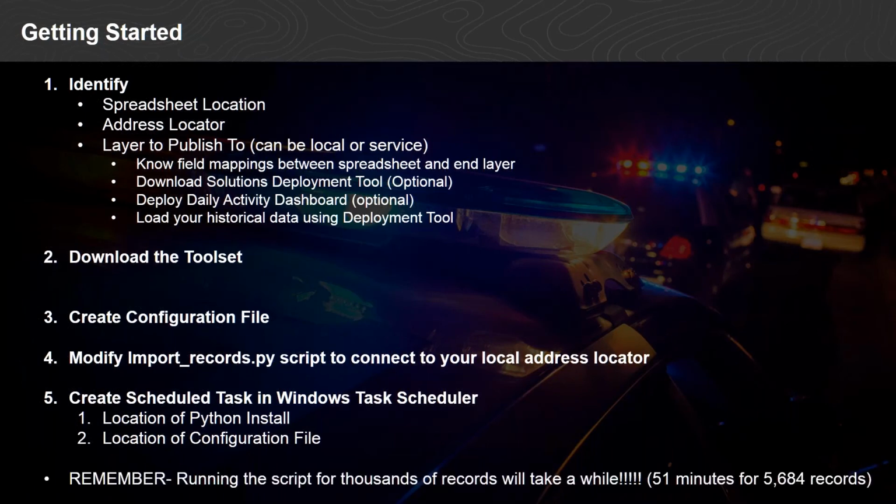And be sure to be patient for the amount of time that it will take to geocode and publish all of that data. As I was preparing for this webinar, I was on about 51 minutes for just over 5,500 records. So use that as a benchmark.